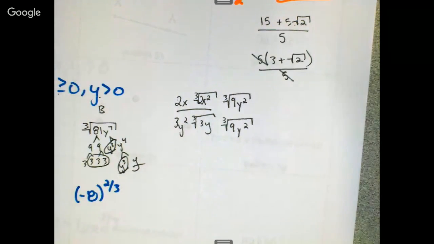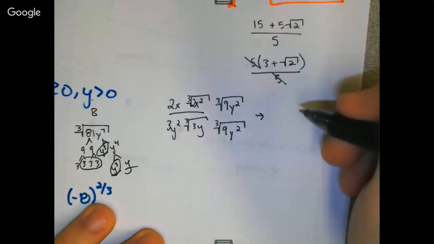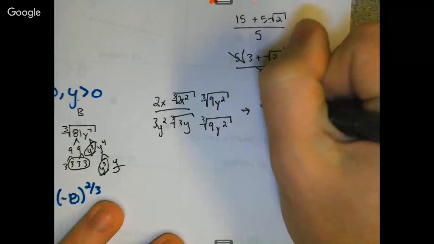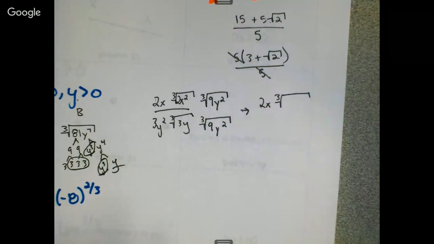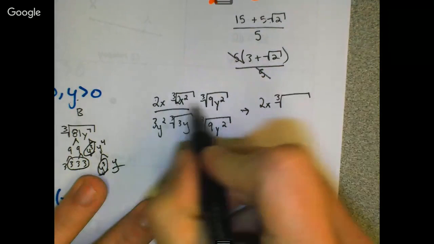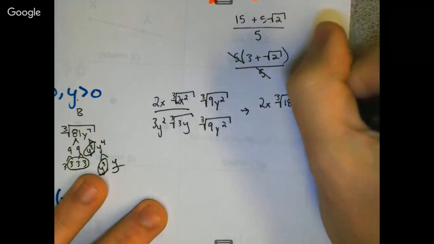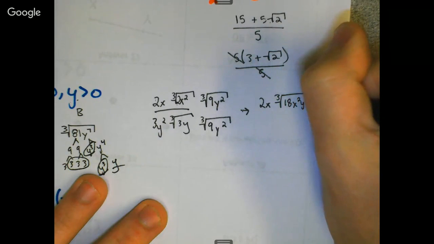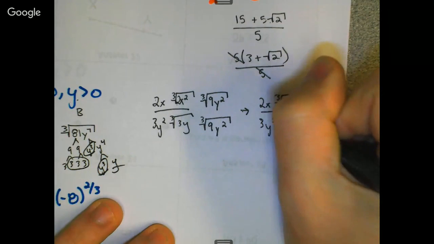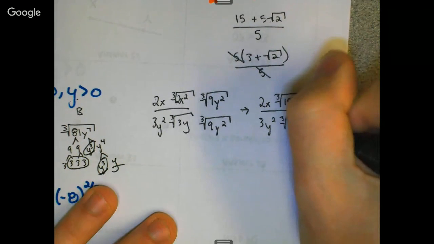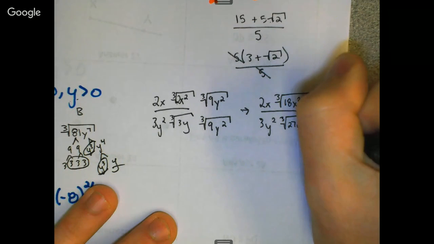Okay, and then reduce. Okay, so in the top, third root, I like to multiply and then reduce if I can. So you have 2 times 9 is 18. You have x squared, y squared, over 3y squared, third root of 27y to the third.